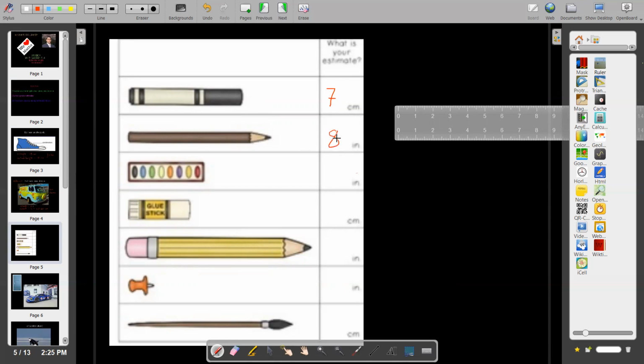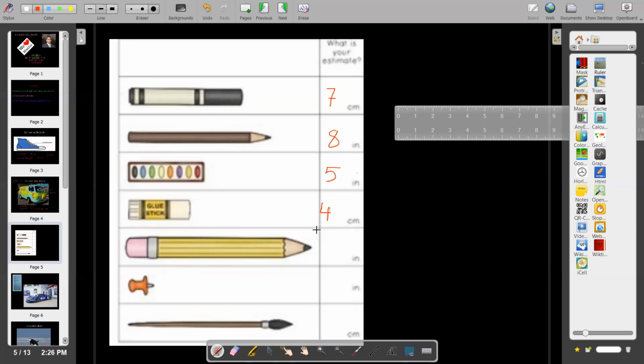This is smaller than the pencil. I think it's about 5. This eraser, or this glue stick, is smaller than this one. So I can say it's about 4 centimeters.